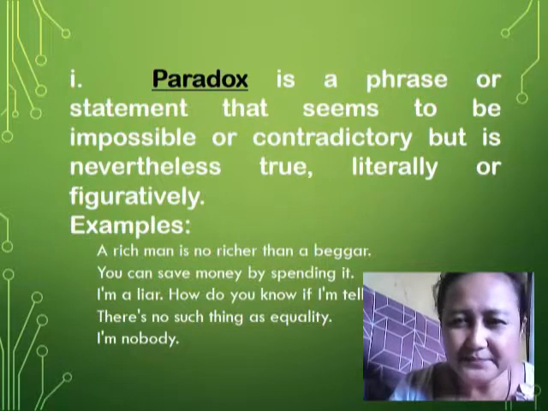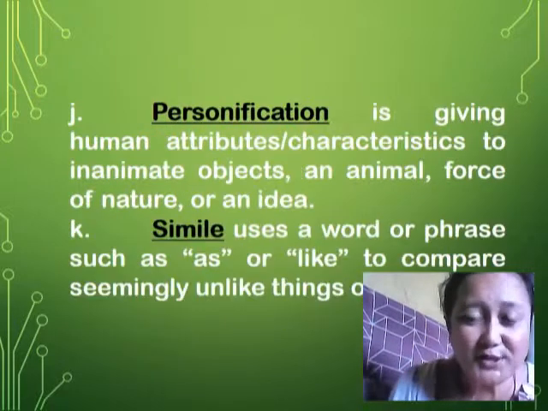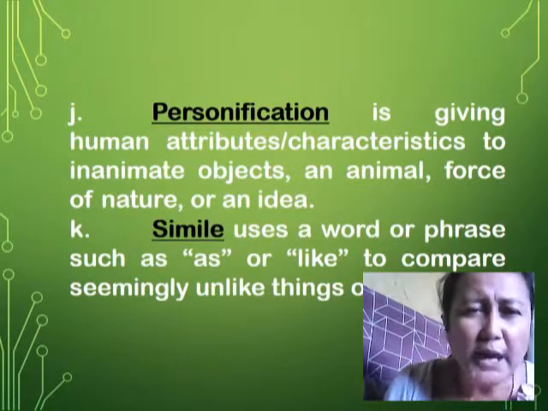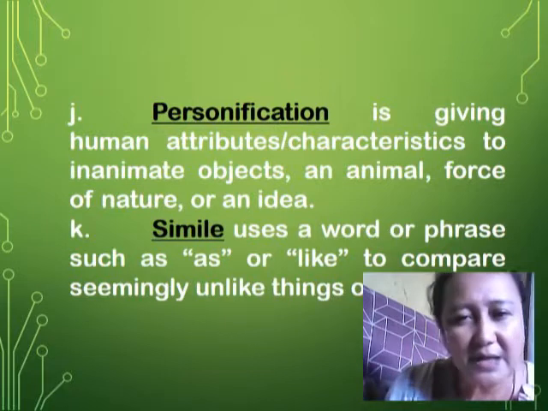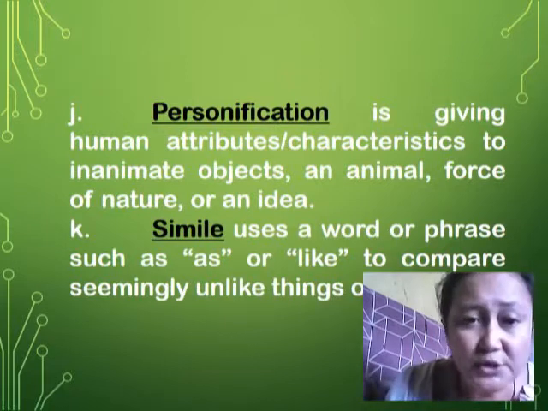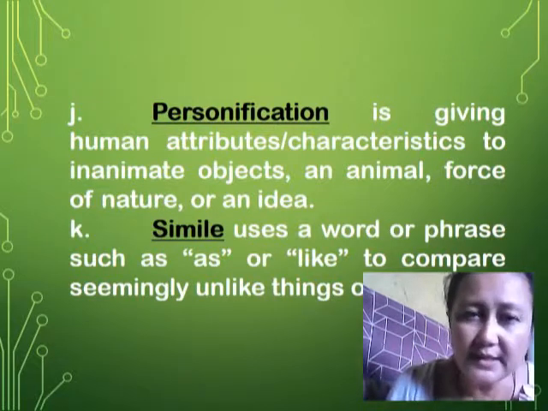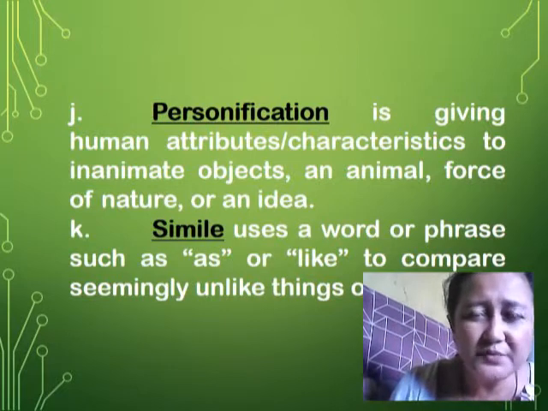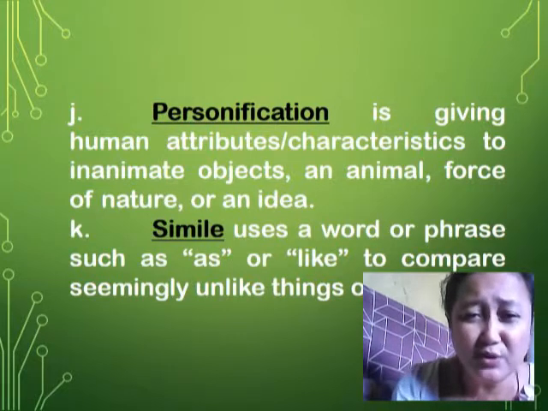Okay, next we have personification. It is giving human attributes or characteristics to inanimate objects, an animal, a force of nature, or an idea. Just like what we said in apostrophe, but the difference is that in apostrophe you are addressing the inanimate objects.